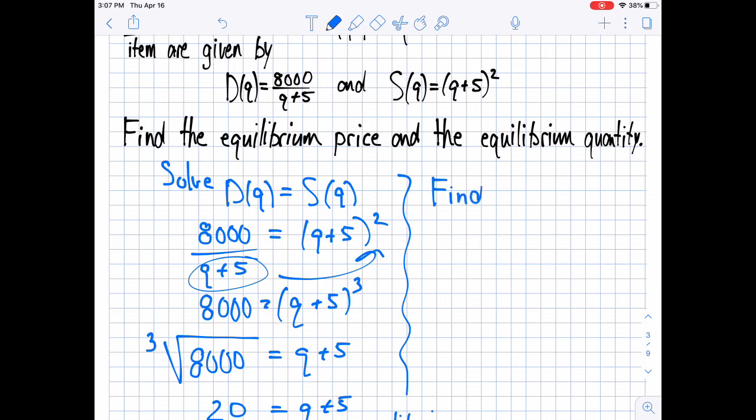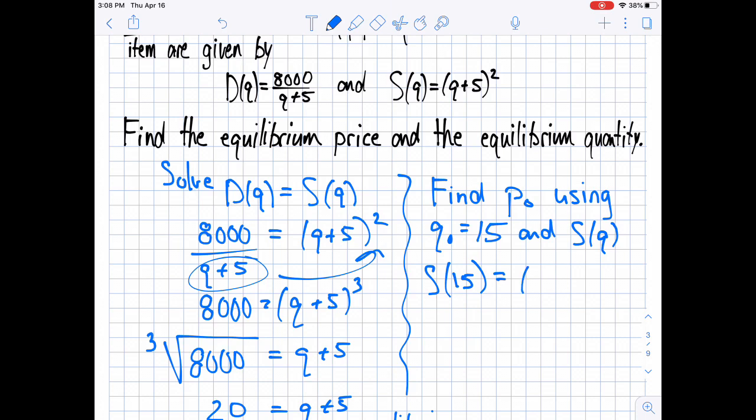So now we want to find p0, the equilibrium price, using the fact that q0, our equilibrium quantity, is 15, and we're going to use S(q). So what is going to be S(15)?